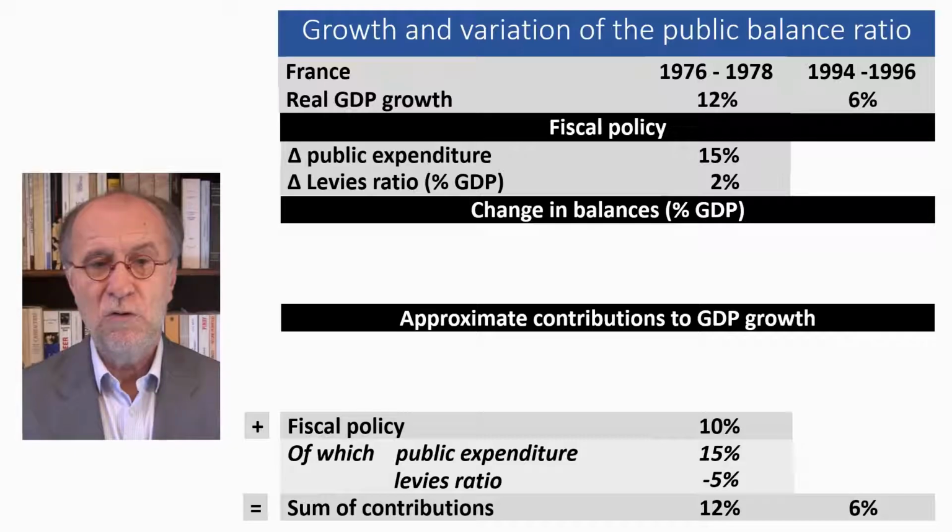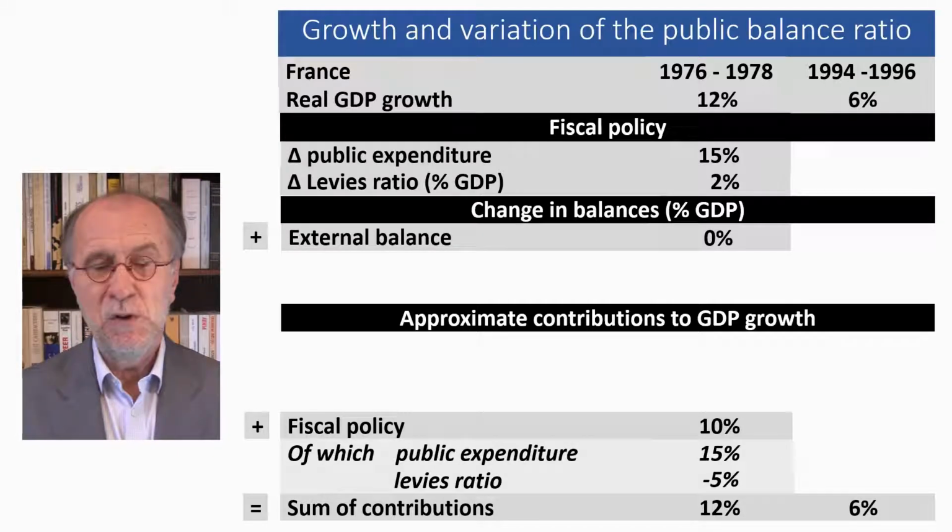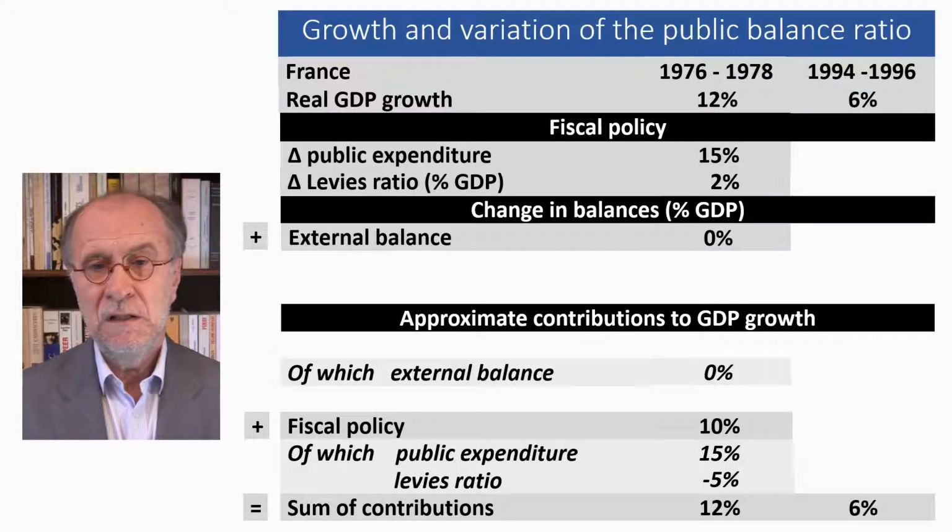Instead, world growth, which is assumed to reflect growth in partner economies, fared slightly better than French growth. So, France's external balance ratio stagnated and was unable to influence the public balance or growth.